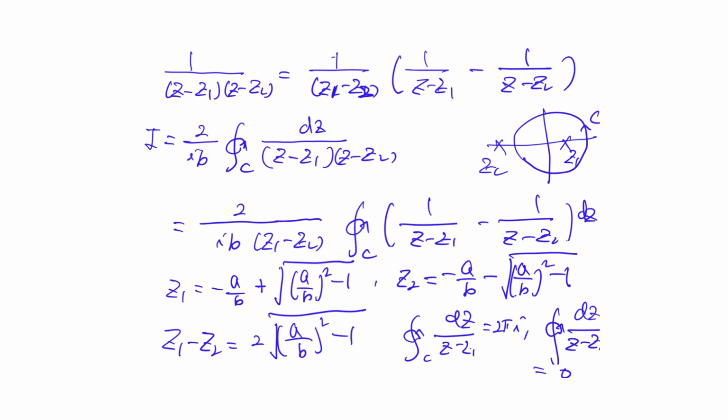According to Cauchy's integral theorem and the previous result, point z2 is outside of this circle, so it should be 0, right? And z1 is inside, and we have a previous formula that gives 2 pi i.